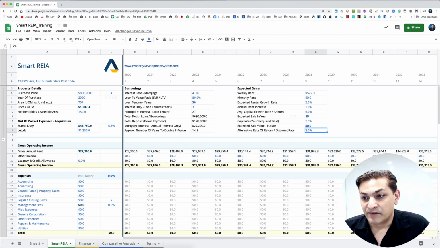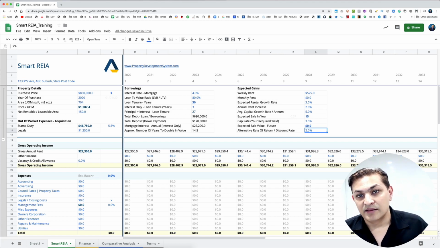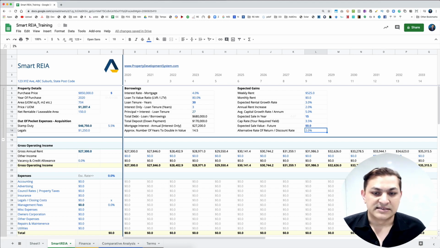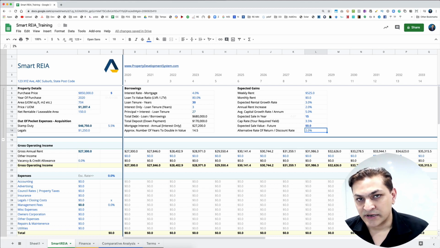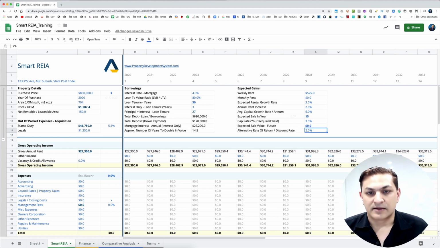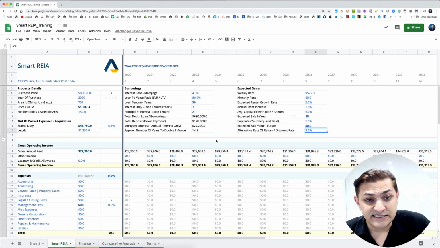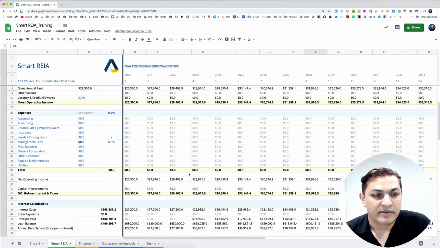But if you're putting in developments and you can expect to make 20% return per annum, put 20%. That way, you can compare this development against another opportunity to see which one's better. And that is why we need to put it in. Basically, those are the details that you need to come up with. Everything else happens here automatically.